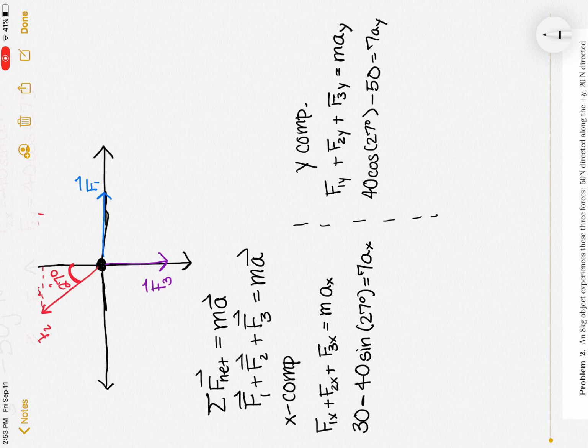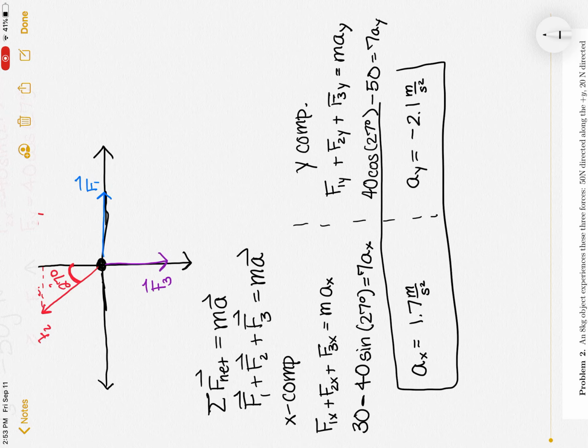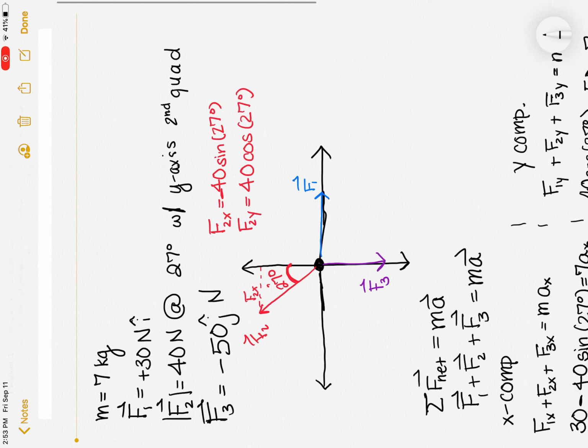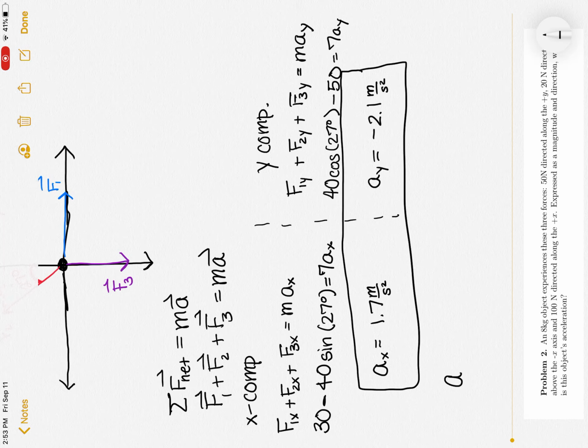So now it becomes an algebra problem, and when I plug everything into my calculator, I get ax is going to be equal to 1.7 meters per second squared, and then ay is going to be negative 2.1 meters per second squared. And so these are my two components, which I can leave in its final form since it's asking me what is the components of this object's acceleration, or I can write it as the acceleration is equal to 1.7 i hat minus 2.1 j hat meters per second squared.